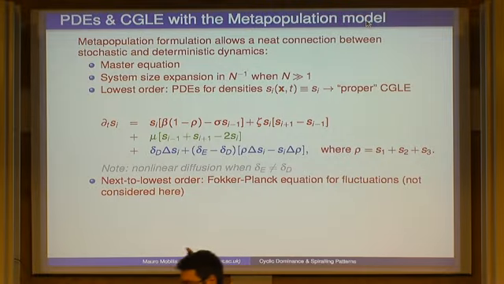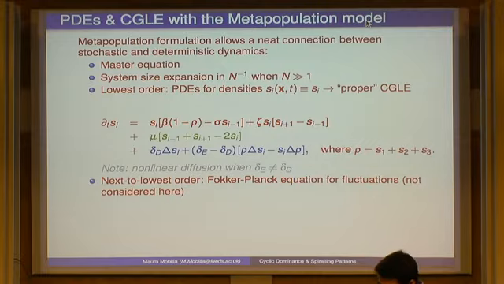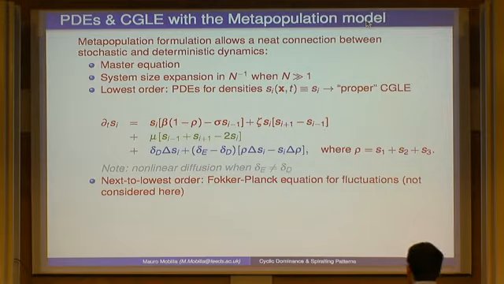That's why I told you that we assume that this is finite but large, right? And when you do that, to the lowest order, you get the PDEs that are obeyed by the density of each species, right? And this is what these PDEs look like. So it's a system of 3 PDEs.